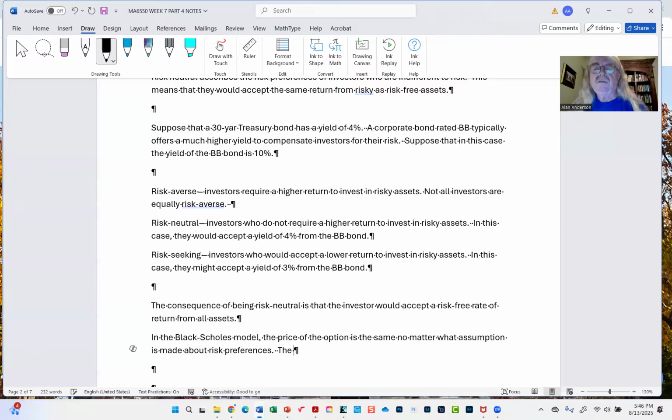So the model uses the assumption of risk neutrality because it avoids the need to estimate risk-adjusted rates of return.